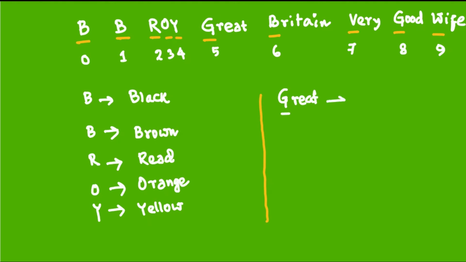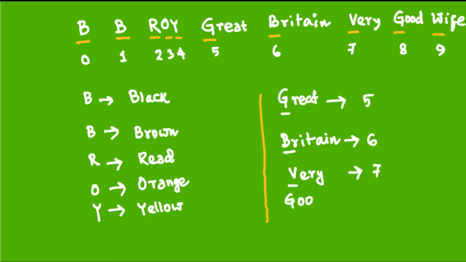And for the word Great, the first letter is G, and G is for green. For the word Britain, the first letter is B, and this B indicates blue, and violet, then good wife.